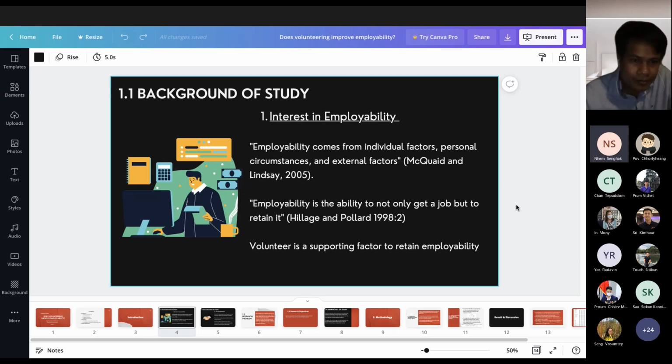The employability was researched by Hillage and Pollard, who stated that employability is impacted by three main factors: the individual, the personal circumstances, and also the external factors.